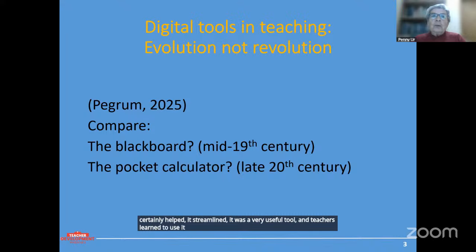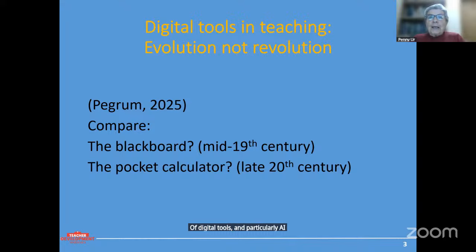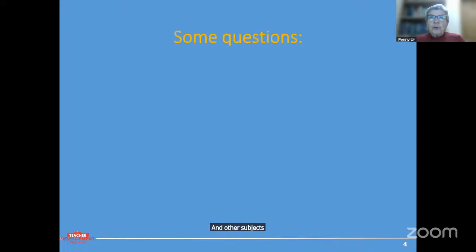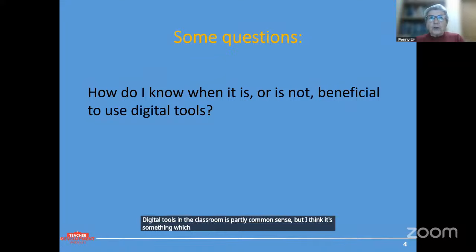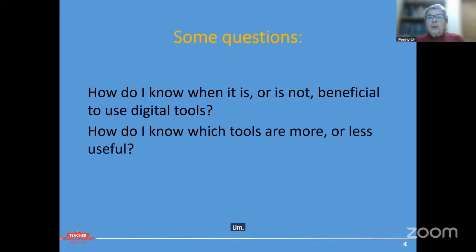And I think the same is true of digital tools and particularly AI in the teaching of English and other subjects. But there are some questions we need to ask. How do I know when it is or is not beneficial to use digital tools in the classroom? It's partly common sense, but I think it's something which we need to think about. How do I know which tools are more or less useful?